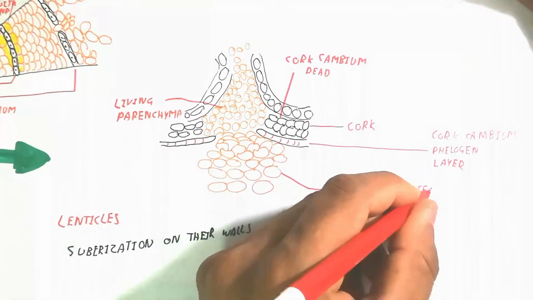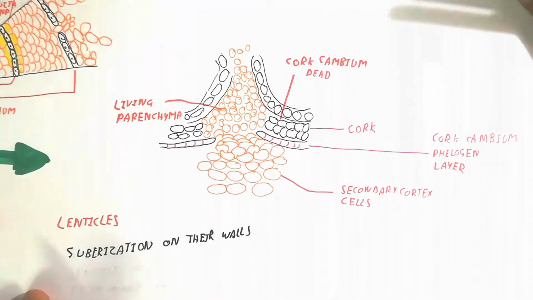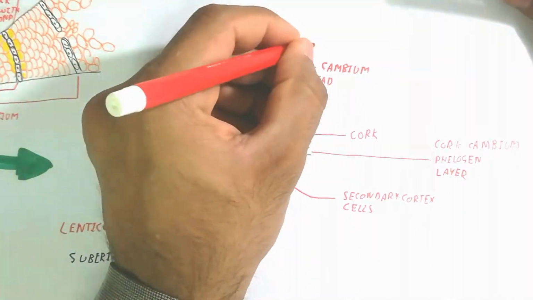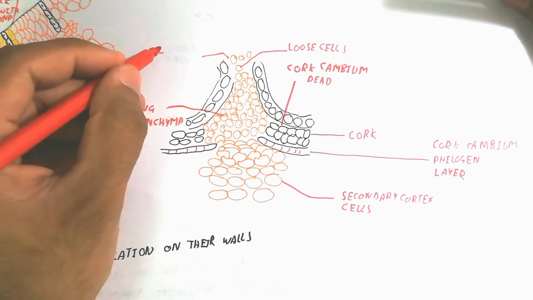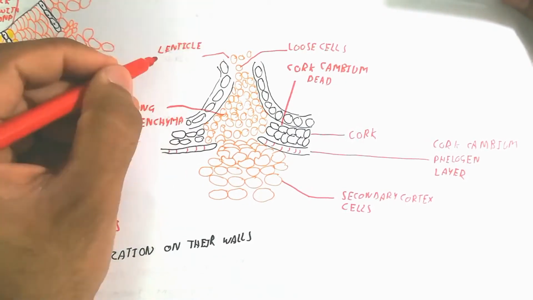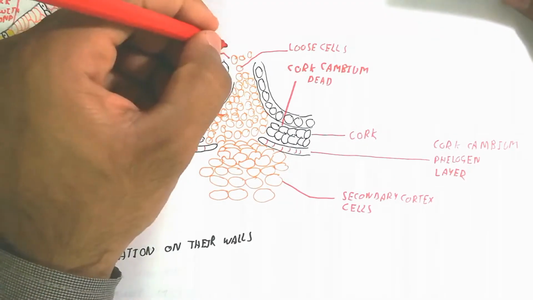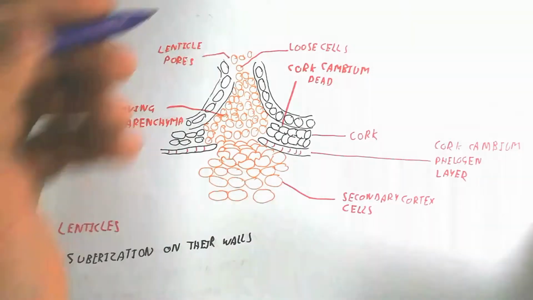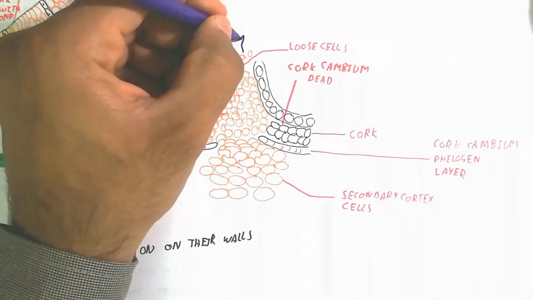Here the cork cambium is dead, and cork is produced, and here the secondary cortex cells are present, which are reproduced to give living cells that arise between the dead cells of the cork cambium, the upper layer of the periderm.